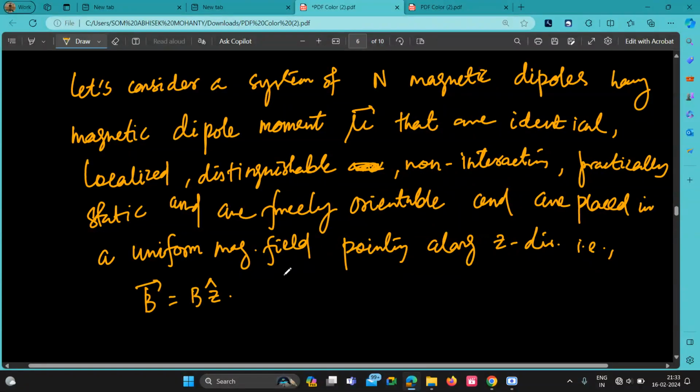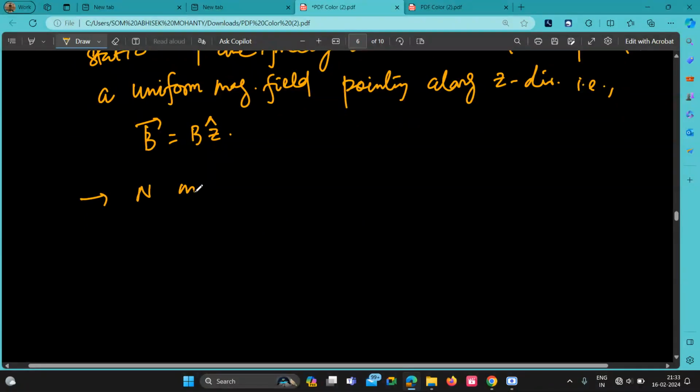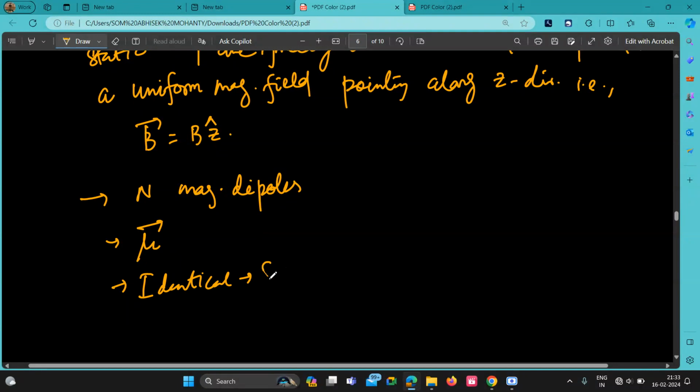So again, let's write some points here. n magnetic dipoles are here. Mu vector is the magnetic moment. These are identical. Identical means similar physical properties.